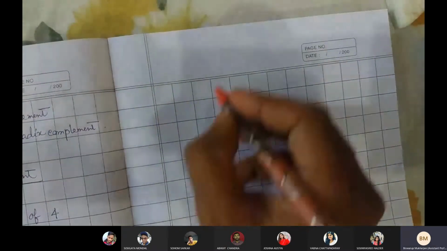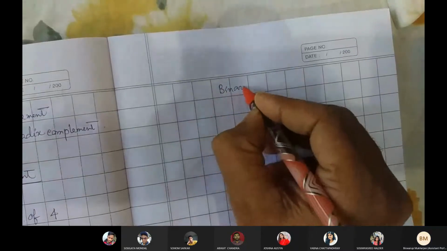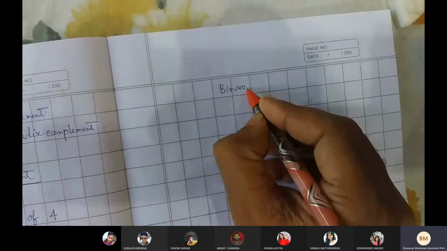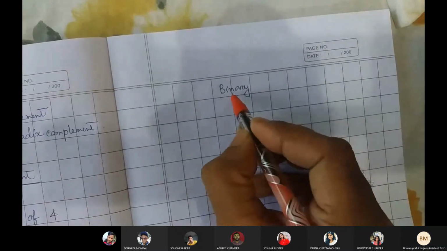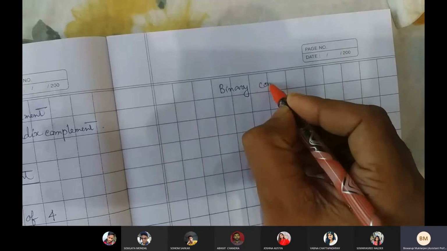Same thing for binary. Binary complement.